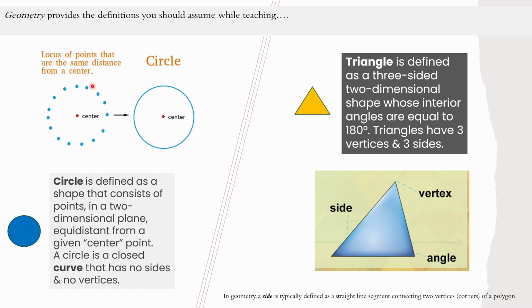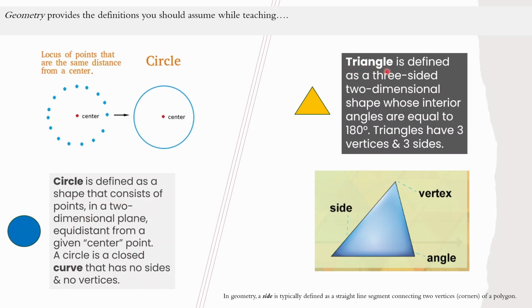By the definition of circle, a circle is a shape that consists of points in a two-dimensional plane equidistant from a given center point. Then you get a closed curve that has no sides and no vertices. That's what it is to be a circle, so any shape that satisfies that definition counts as a circle.